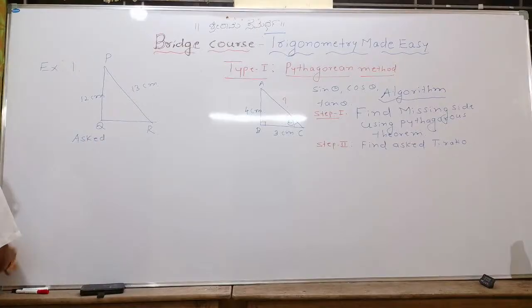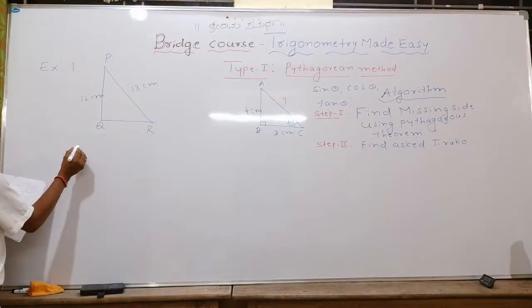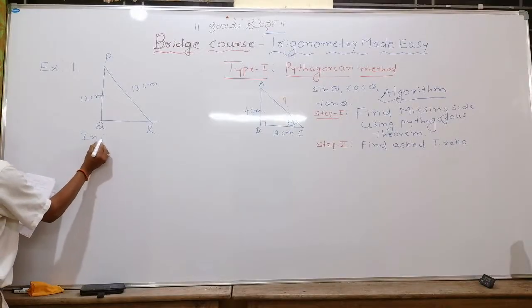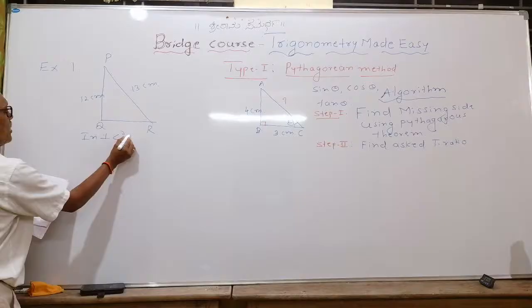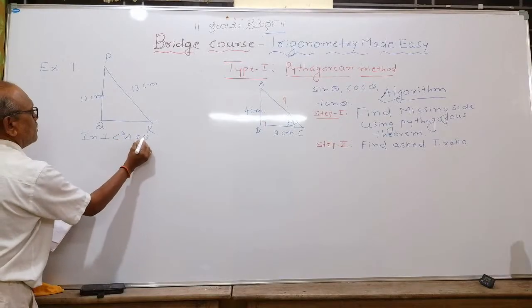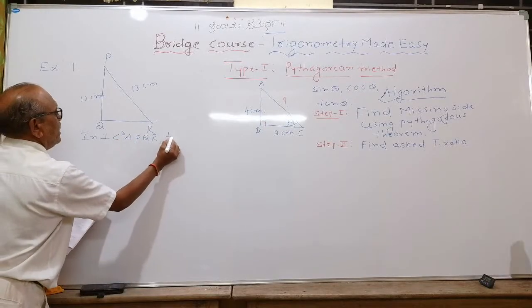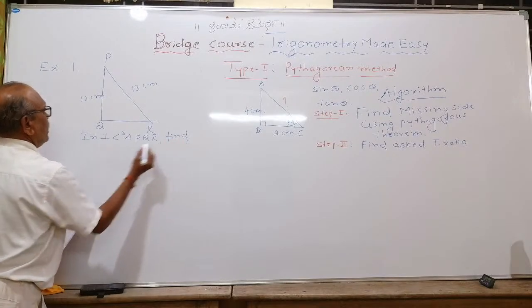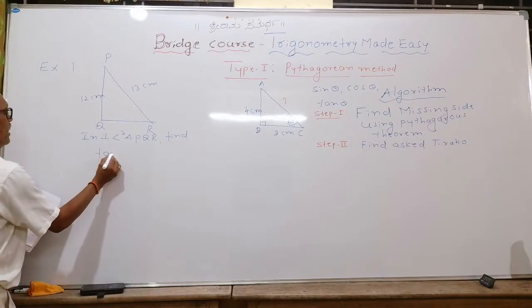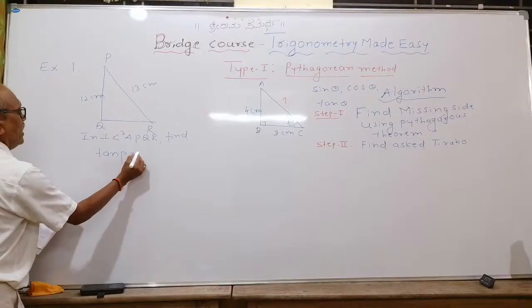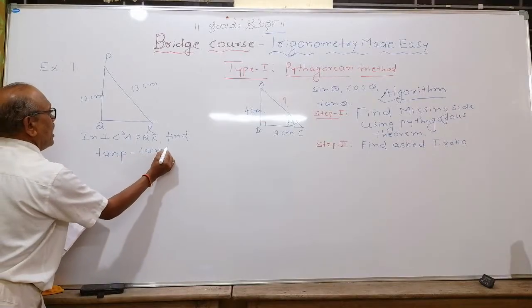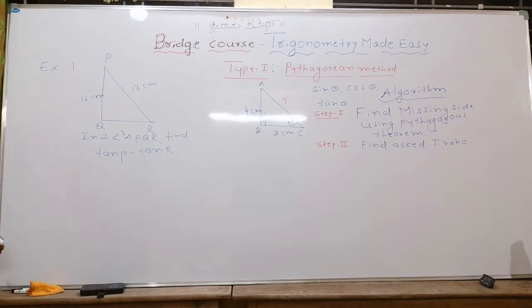The question is: in right angled triangle PQR, find tan P minus tan R. Observe.